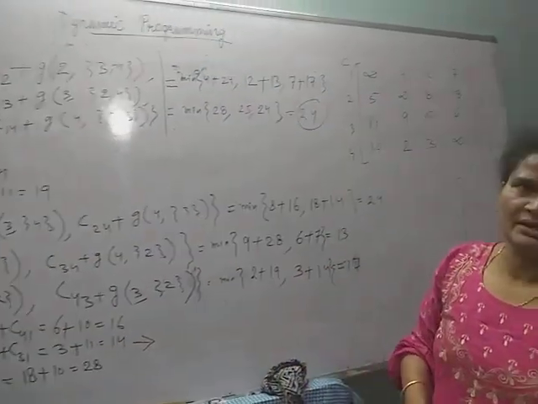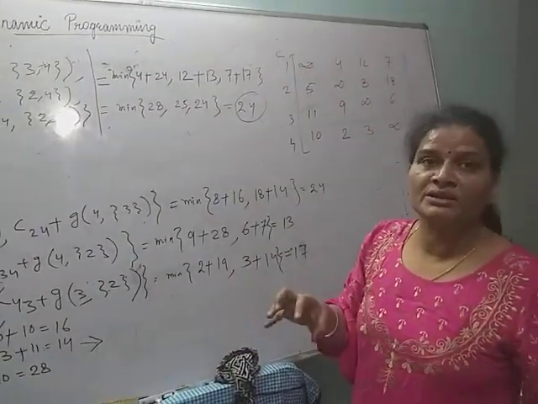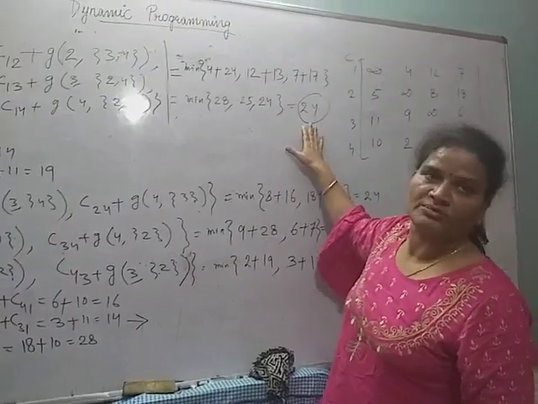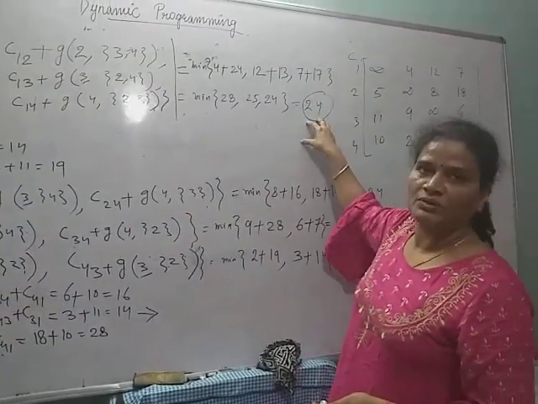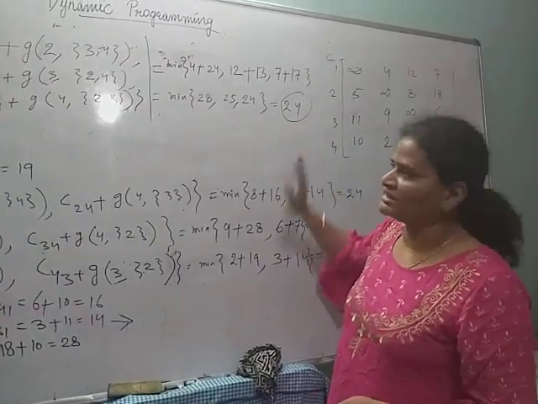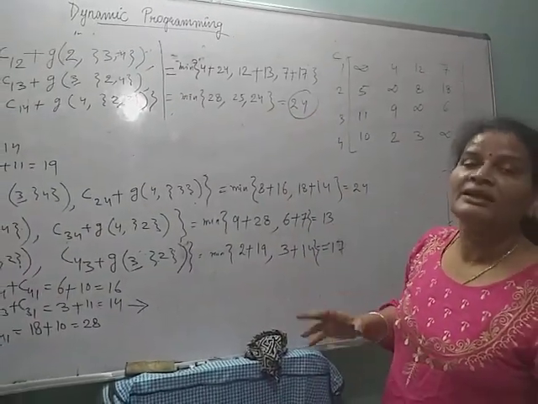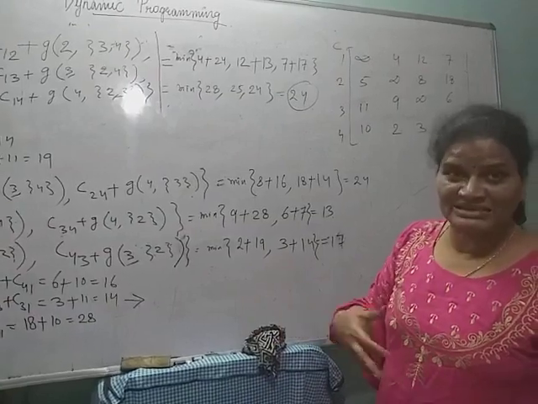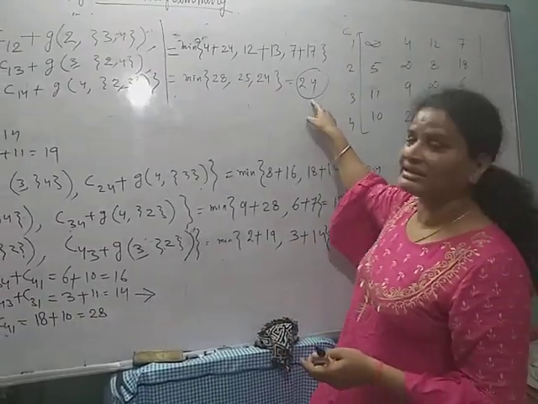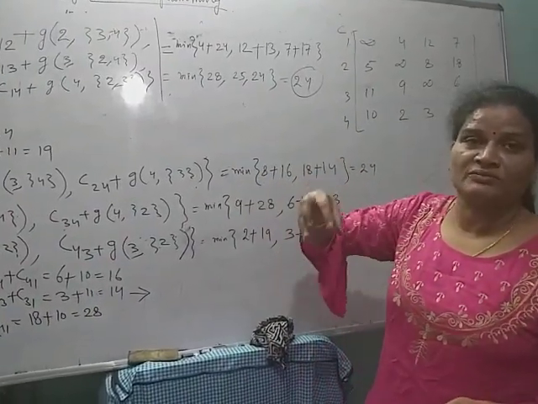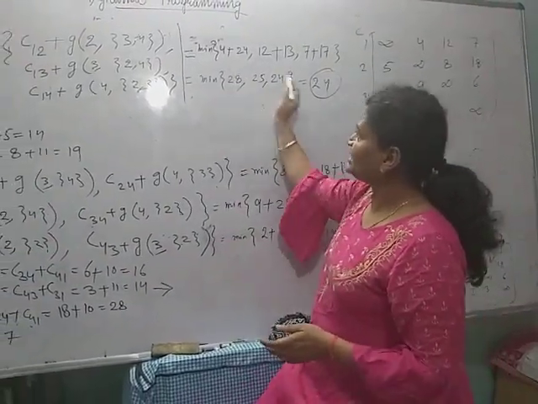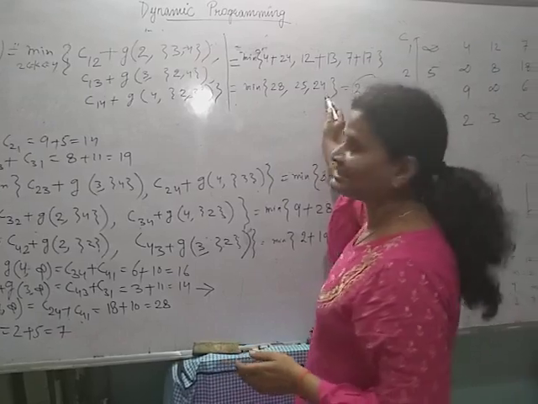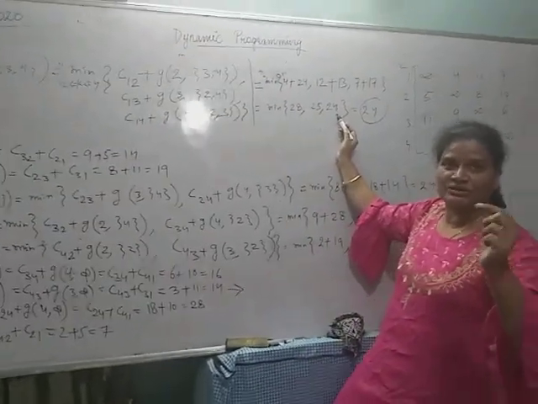This is the optimal cost of the tour, or simply the minimum cost of the tour, 24. Now from here, what vertices have been generated in this finding? I want to find the tour, what vertices have been selected. So 24, you start here: which entry is giving you the minimum value?